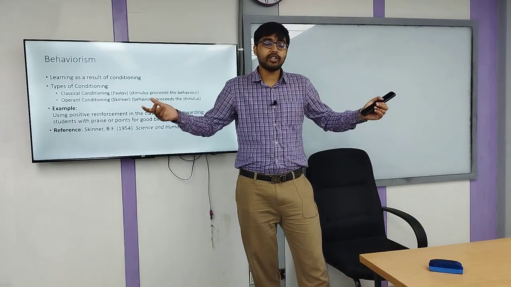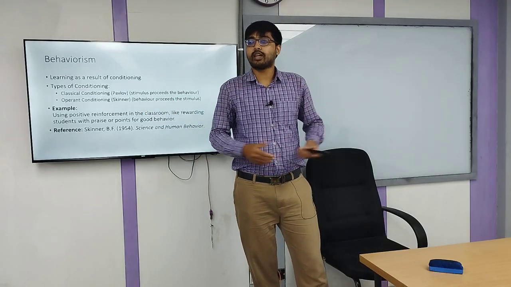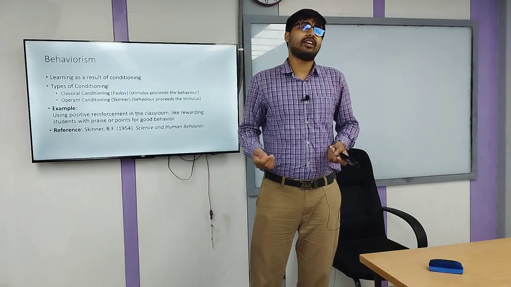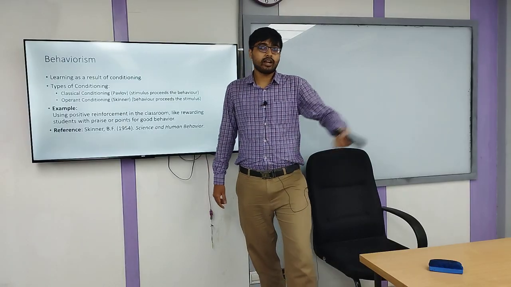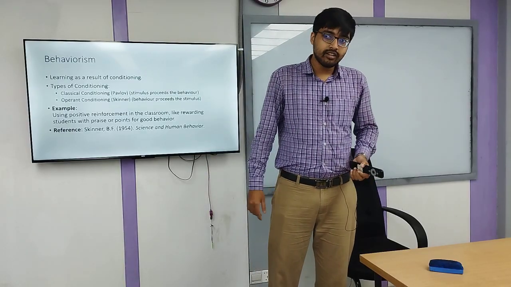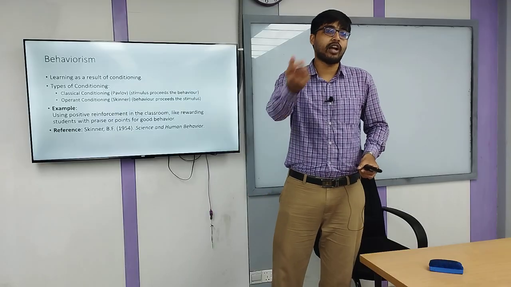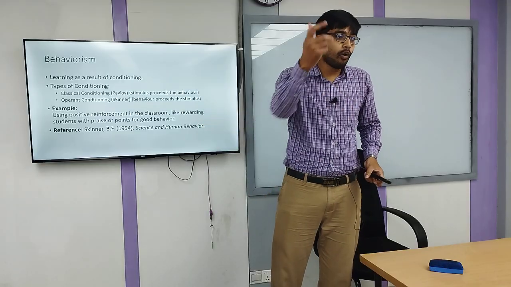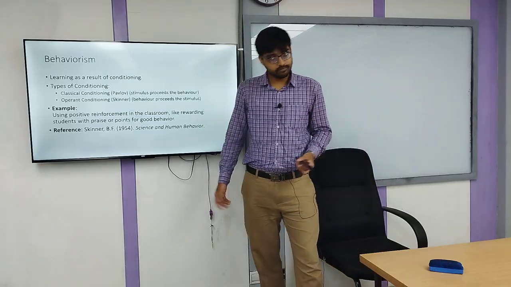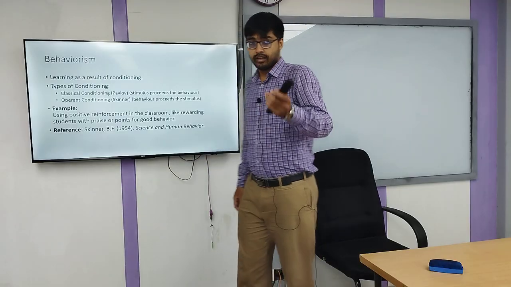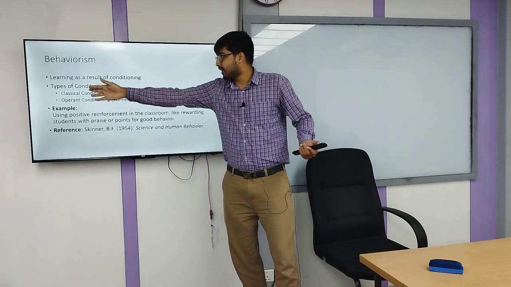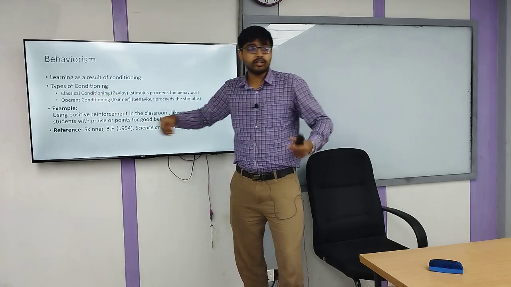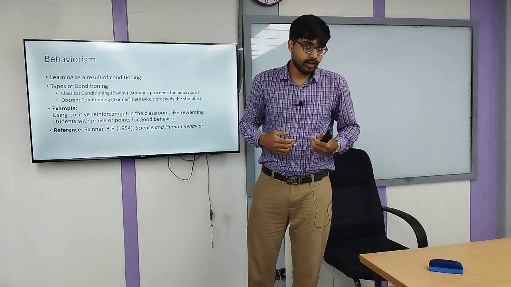Please, I really appreciate it if you come up with your own ideas and your own examples. Come with examples from the field, the playground, the classroom, your own house. That will increase your marks. So this is basically the comparison of classical conditioning and operant conditioning.